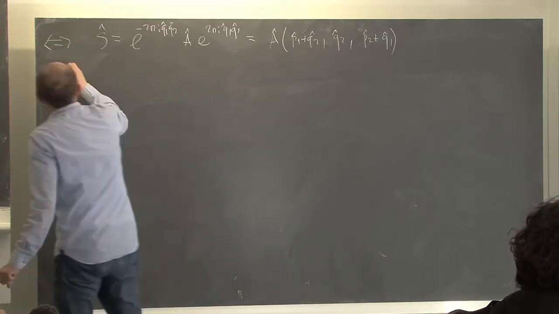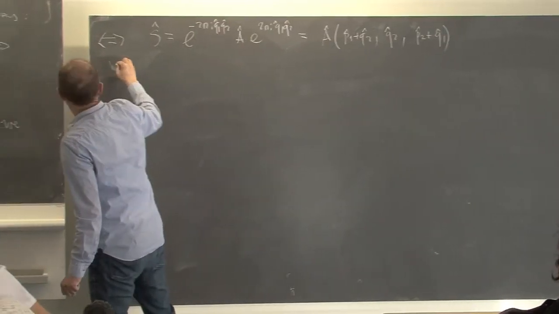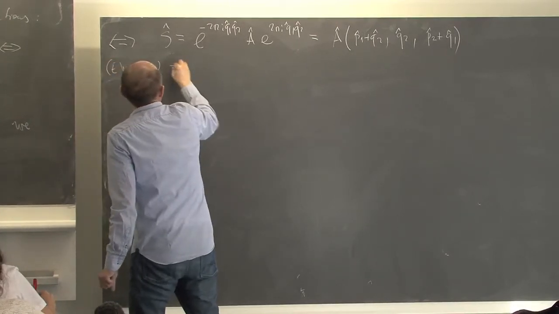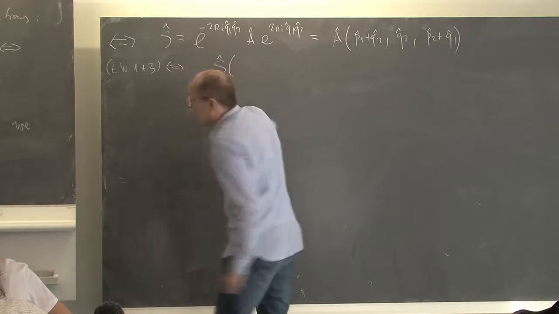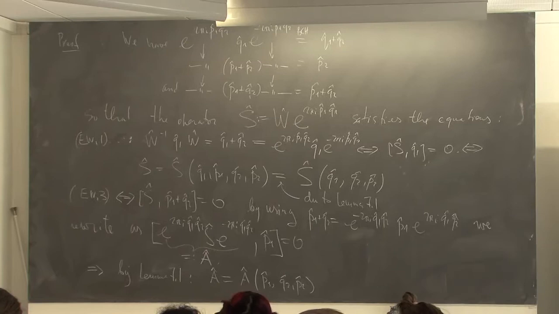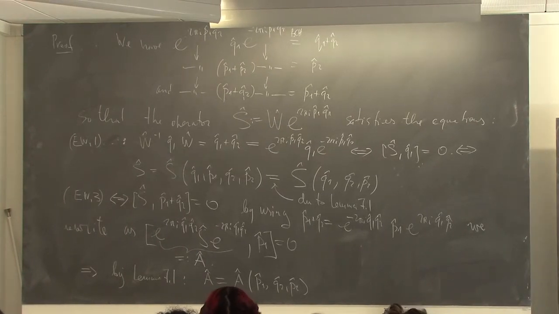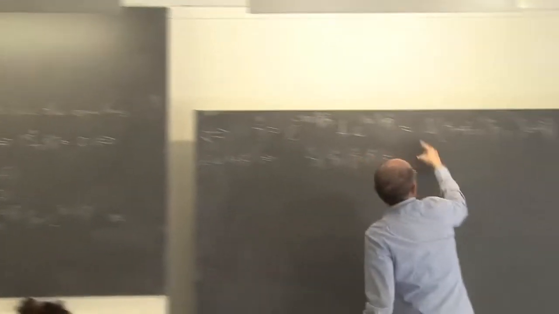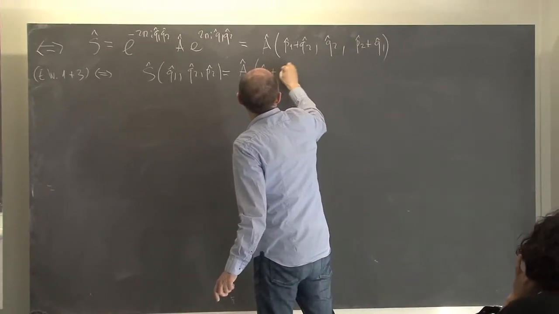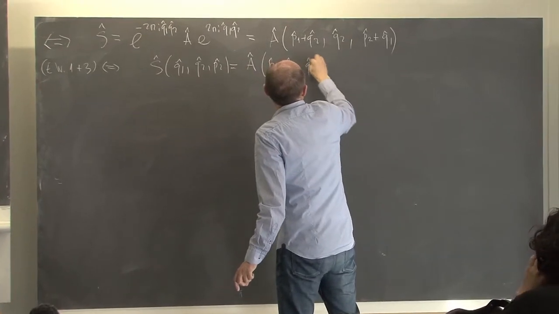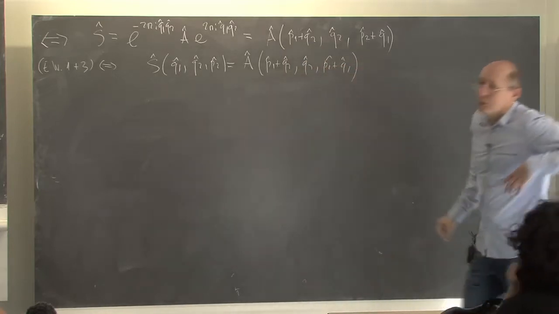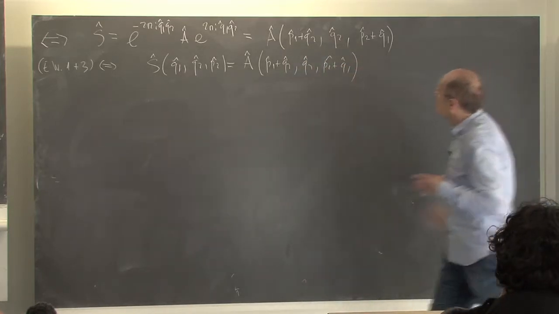Right? And now we say that EW1 plus 3 is equivalent to the fact that S hat depending on Q1 hat, Q2 hat, P2 is equal to another function A hat of P1 hat plus Q2 hat, Q2 hat, P2 plus Q1 hat. So when is the equality possible?